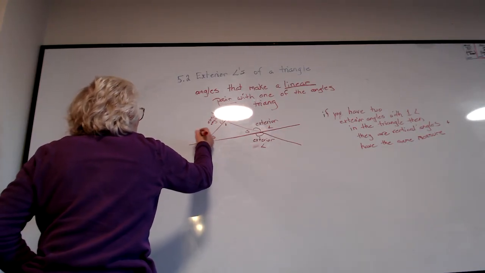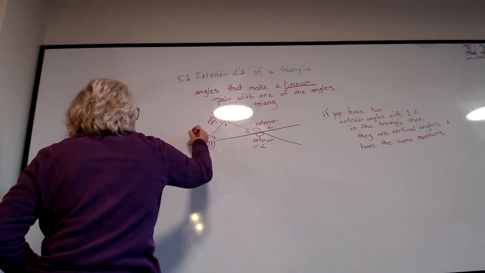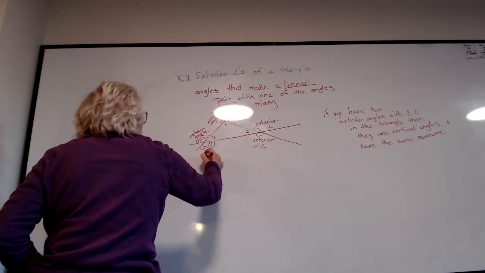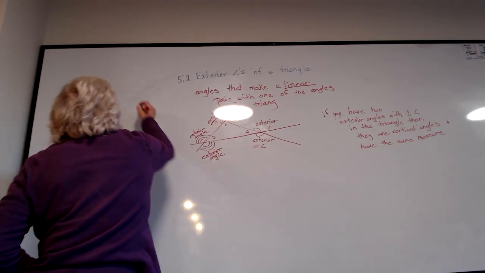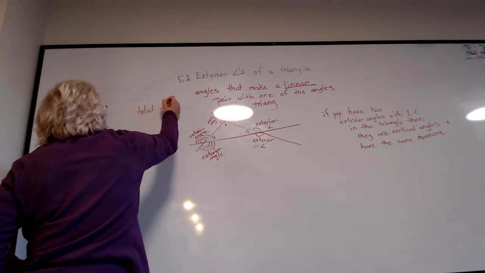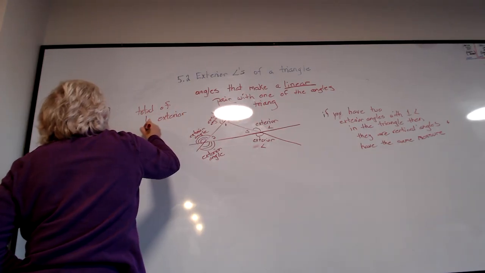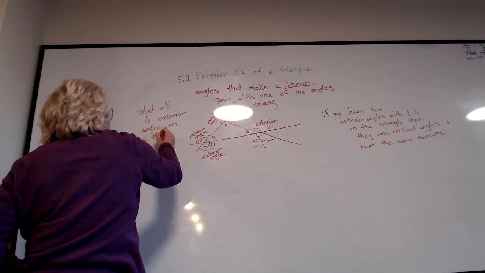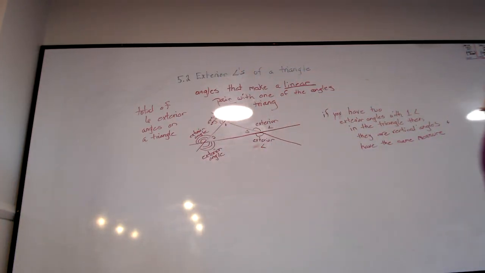These are the exterior angles, so we put 3 across. So, a total of 6 exterior angles on a triangle. So you can always make exterior angles on your triangle and see things that you can see there, okay?